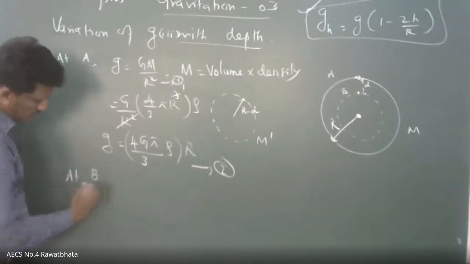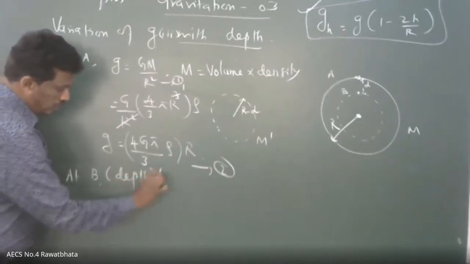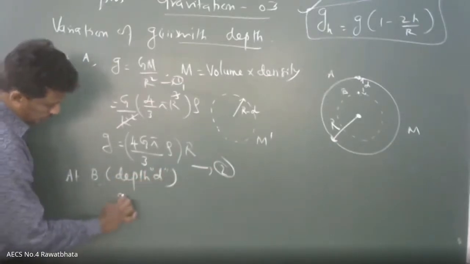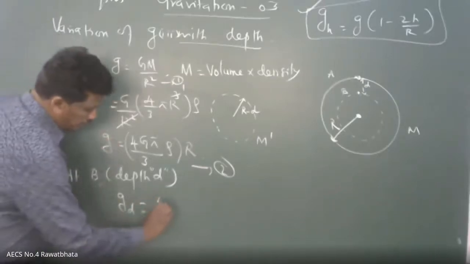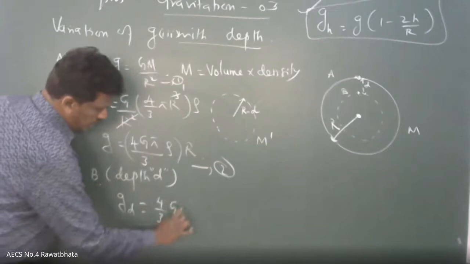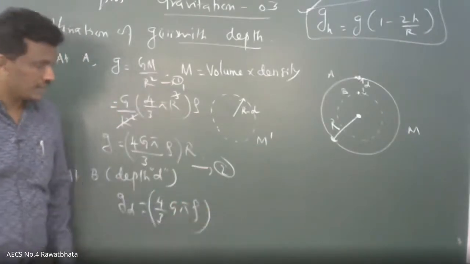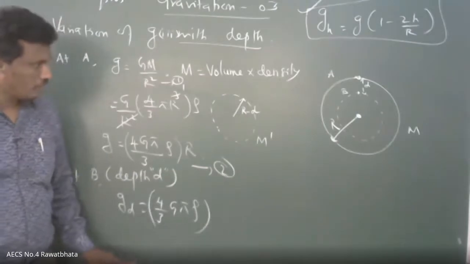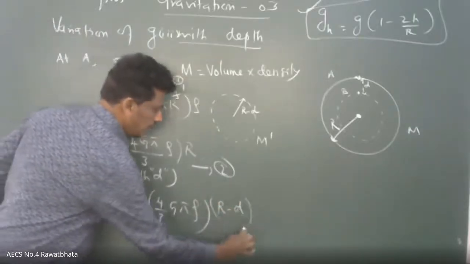At B, which means depth D. So g_d equals 4 by 3 G pi rho. What will come instead of R? R minus D. That's all. R minus D.